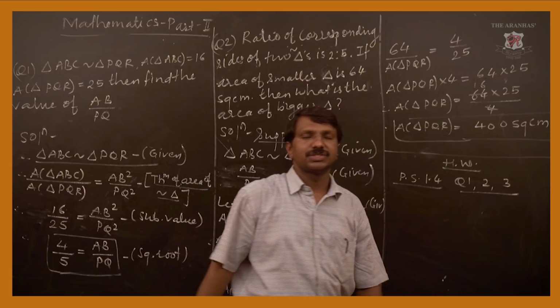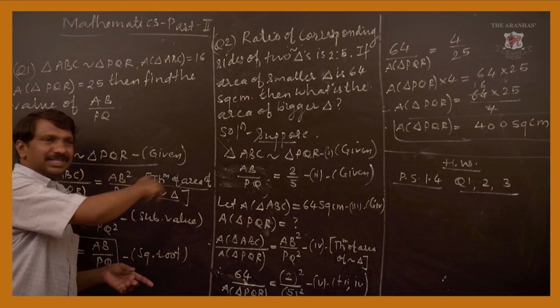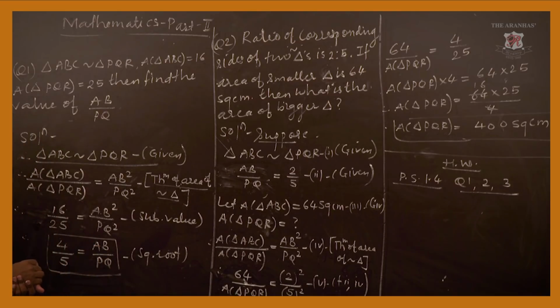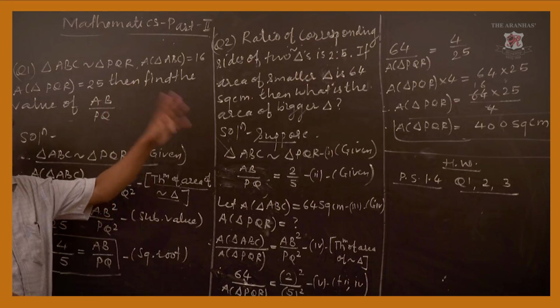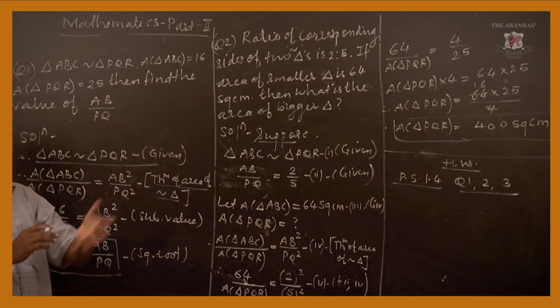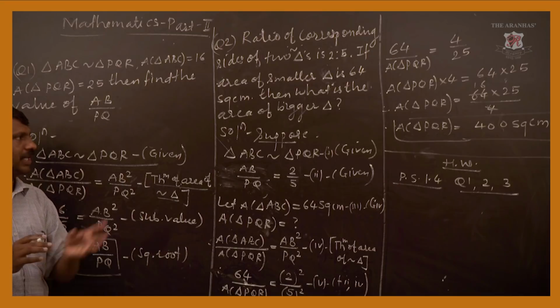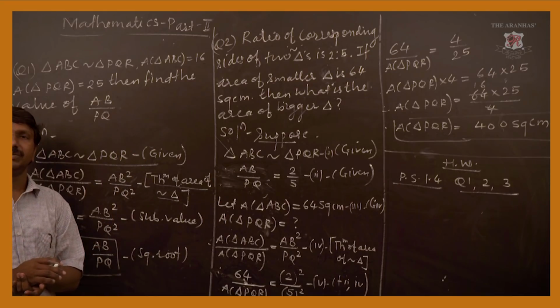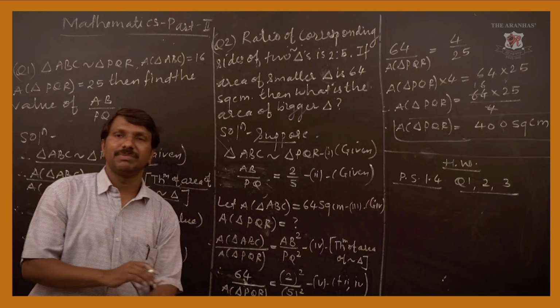These 3 questions are based on today's discussion. You might ask whether the remaining ones are about something different. No, it is not like that; they are also part of this only. You can try these 3 examples, and you will come to know how we apply the theorem of area of two similar triangles.